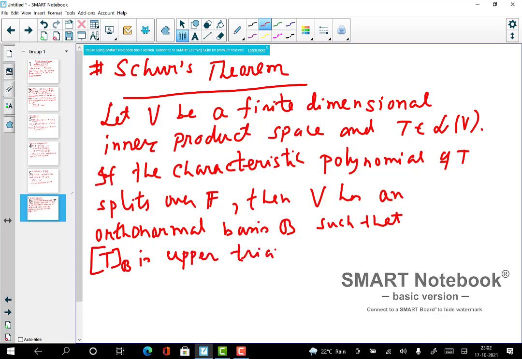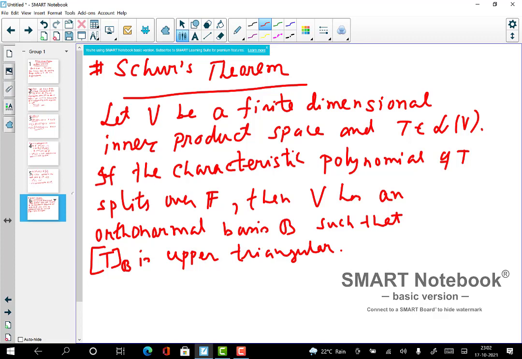This is very important. So what does that tell you? If the characteristic polynomial splits, it actually gives you a sufficient condition for the existence of an orthonormal basis which represents that matrix as an upper triangular matrix.